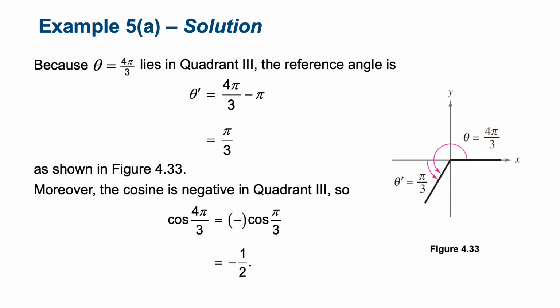The reference angle is pi over 3, because we subtract pi from it, and this is the acute angle it makes with the x-axis. Cosine is negative because it's in quadrant 3, where the x value is negative, so that's negative cosine of pi over 3. Since we know cosine of pi over 3 by now, the solution is negative 1/2.